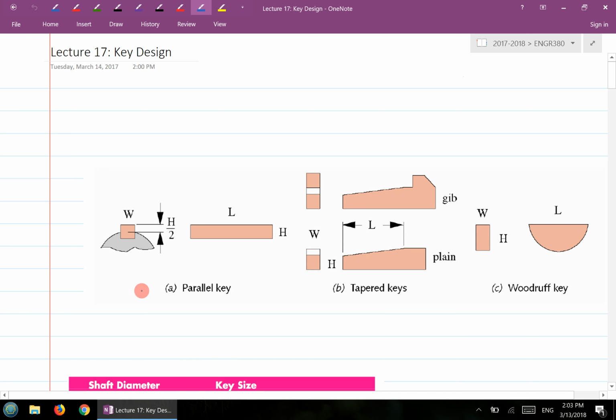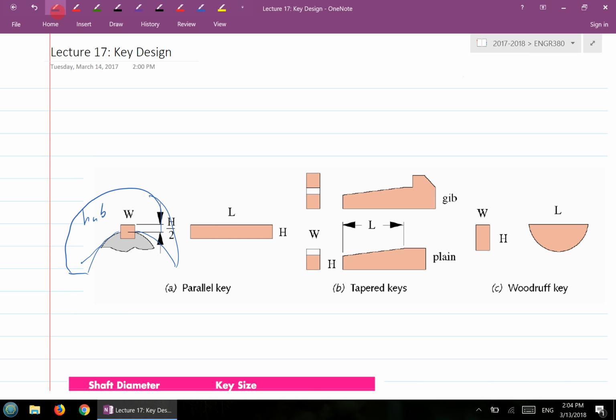So for example, if this is a shaft here, and then you have a key, then you probably have another element on the top of this shaft, which we call the hub. The hub is probably part of a gear or part of another mechanical component, but the torque is being transmitted through this key, between the shaft and the hub.